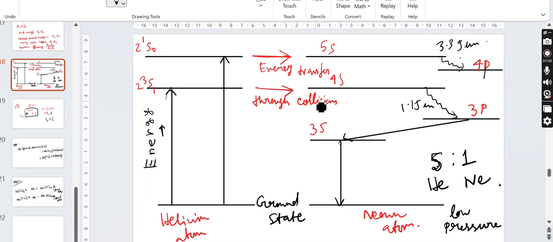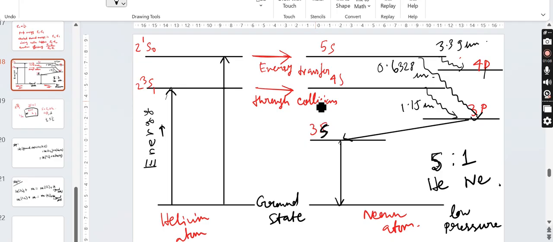And the atoms from the 5s also can go to the 3p, and that will give the wavelength of sub-micrometer, 0.6328 micrometer or 632 nanometer. And from that 3p, those atoms can come into the 3s level, and from the 3s level they relax to the ground level.